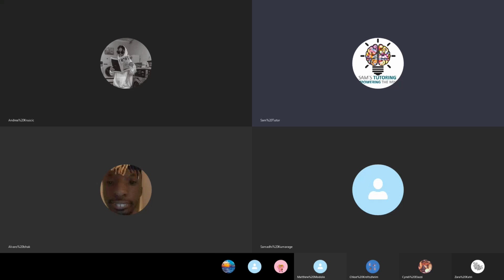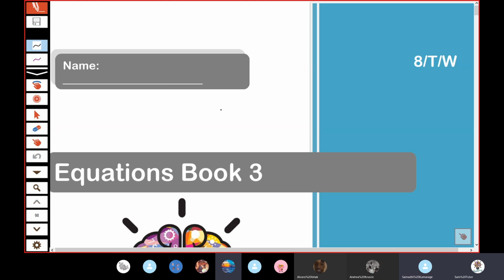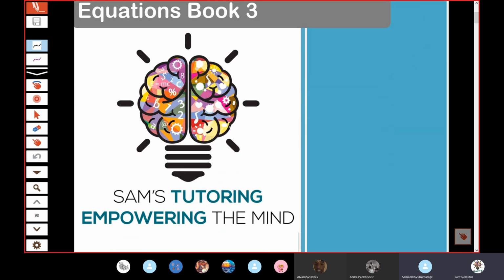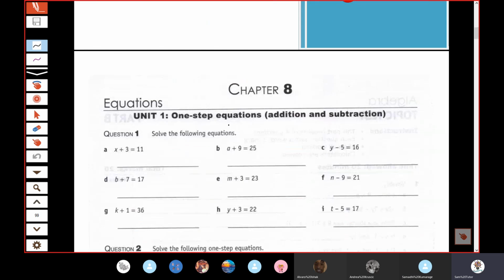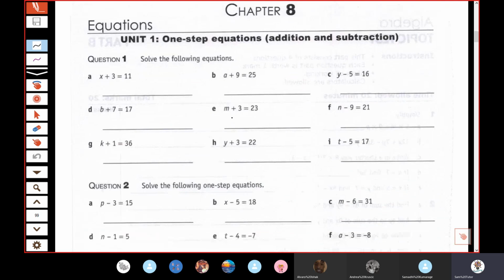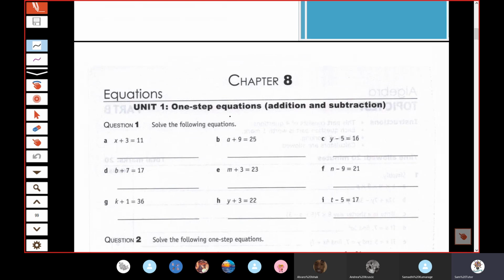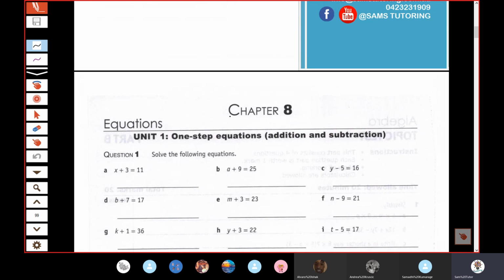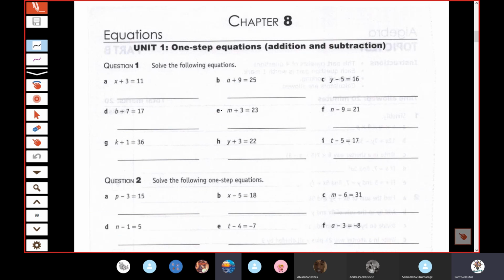Adele, I think you've got this booklet as well yourself. Yeah, I should do. It'd be called Equations Book 3. All right, let's do this. And you probably even remember equations. We did it last term as well. Okay. Wait, no, I don't have it. Isn't it Equations Book 2?